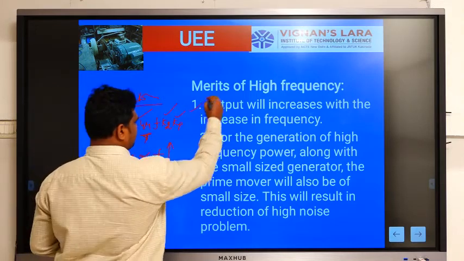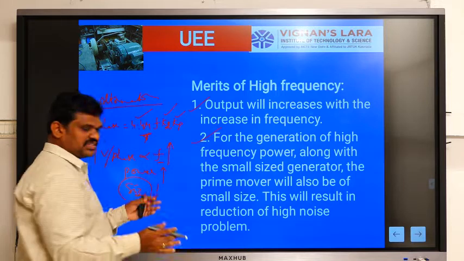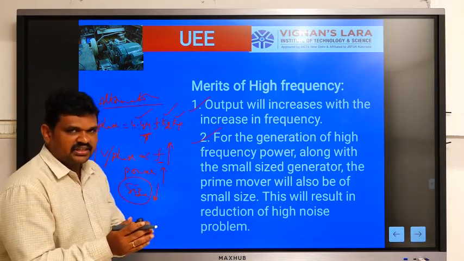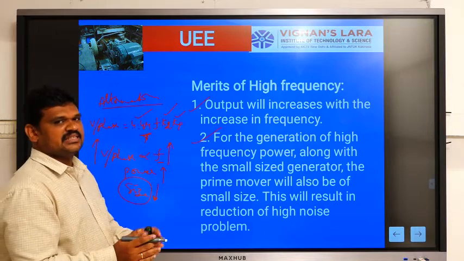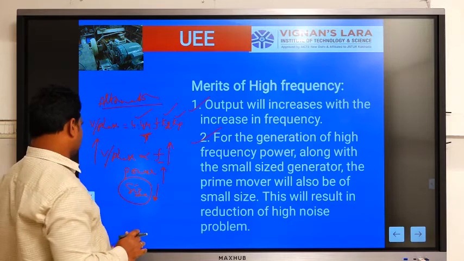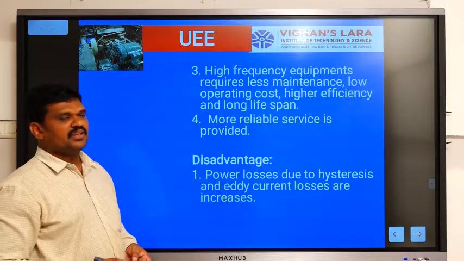That's the first advantage. The second advantage is the size. If the size decreases, the generator, alternator and the prime mover size decrease, and also the noise will decrease. So these are the advantages.